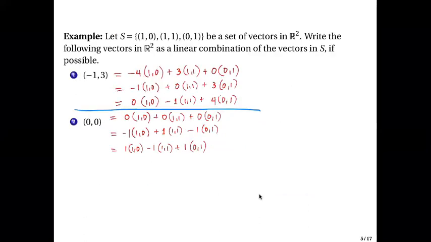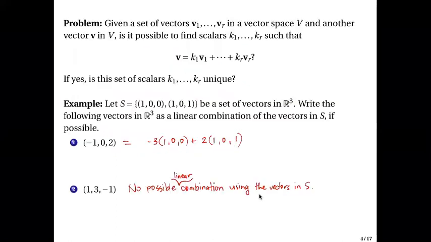So the question is, if we can write a linear combination for V, how do we know that the set of scalars is unique? Because of course, writing the linear combination could be easy, okay? But knowing whether the set of scalars is unique could be the one that is harder to solve.